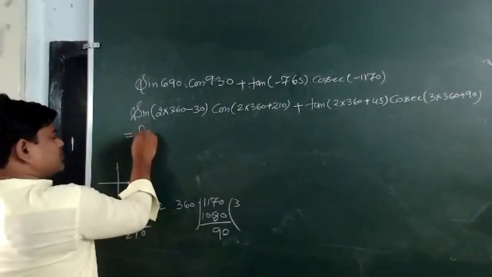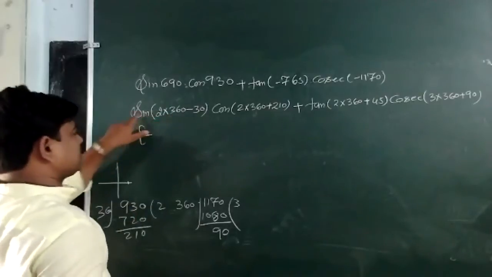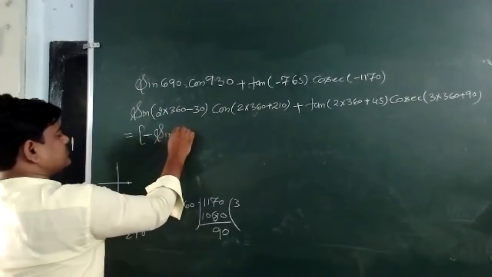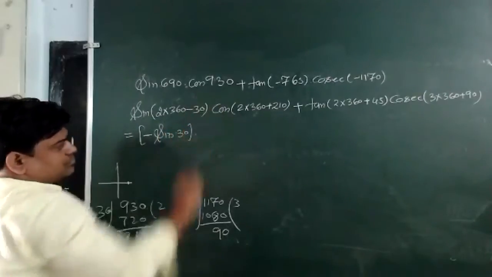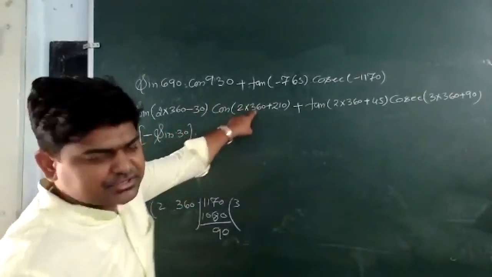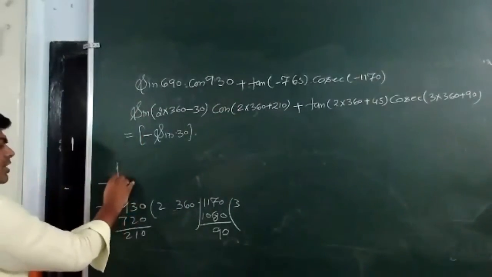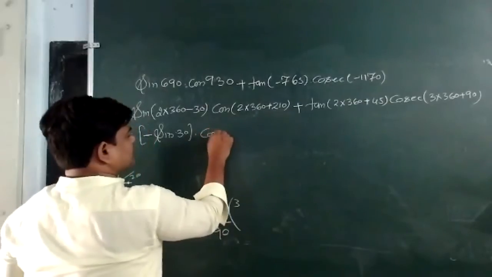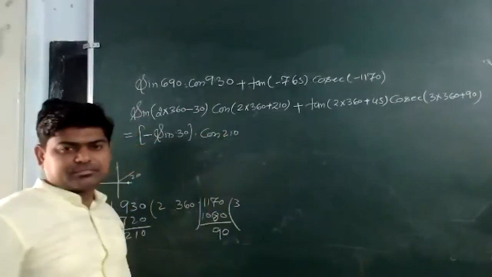That result will come with negative, and with 360 it will not change. So I may write sin 30 degree. Into 360 plus, it will go in the second quadrant. We have 210, and it will be written as cos 210.